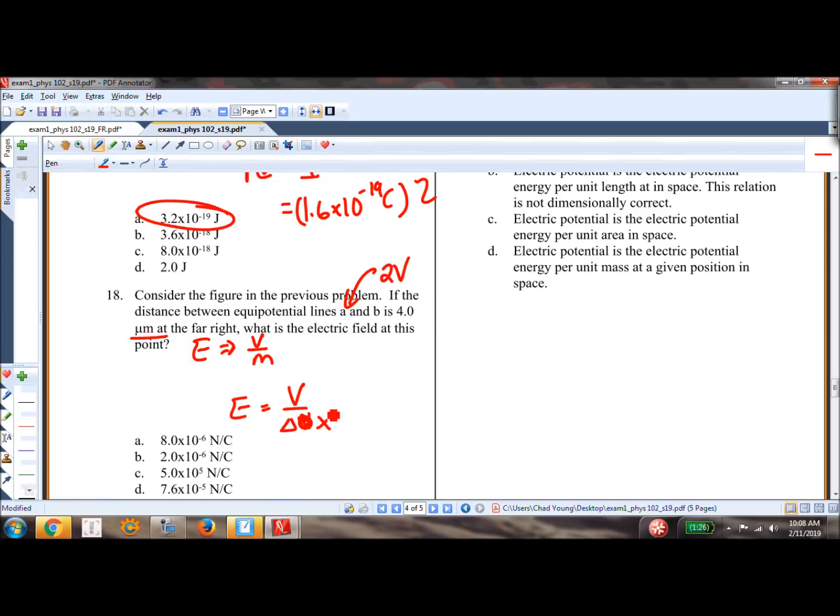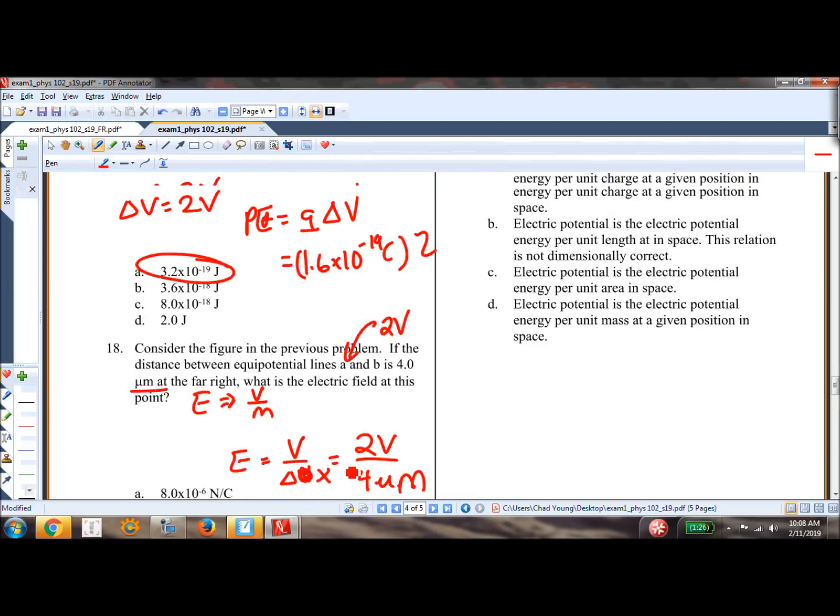So the electric field is just going to be 2 volts divided by 4 microns, and that's 2 divided by 4 times 10 to the minus 6, just 5 times 10 to the 5th.